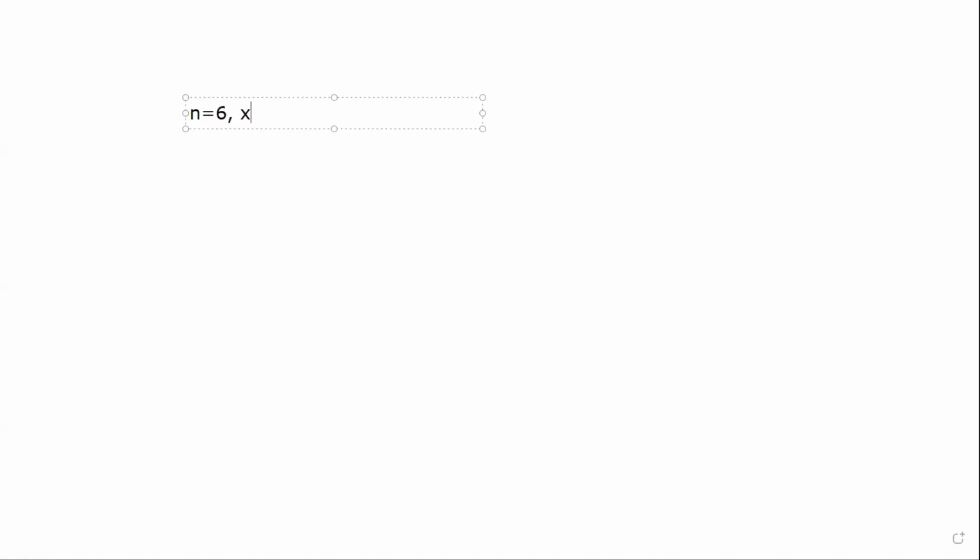X is 3. And P is 0.03. So if we're going to use the binomial formula, we're going to start with 6 choose 3. So, N choose X, so 6 choose 3.